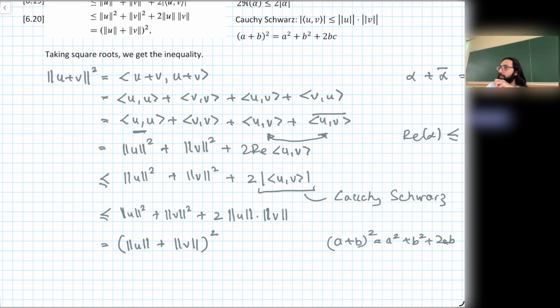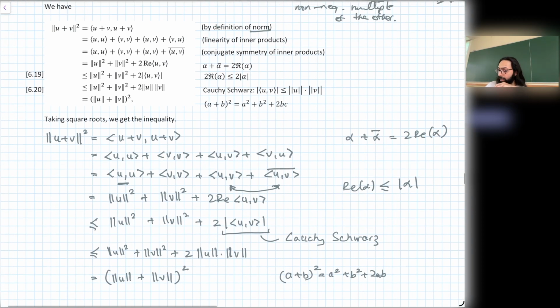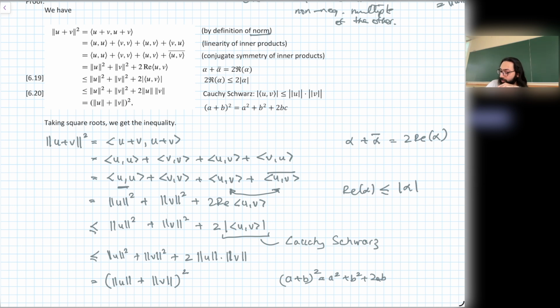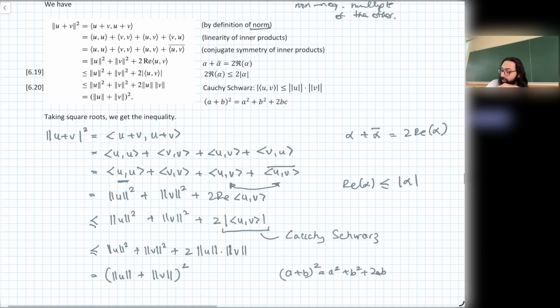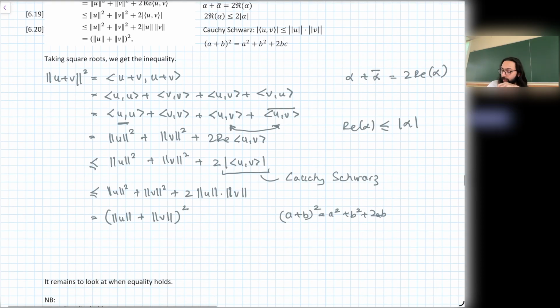And we have the inequality. This is what we wanted to show. You can get rid of the square, so this implies the norm of u plus v is at most the norm of u plus the norm of v. Congratulations, you proved the triangle inequality.